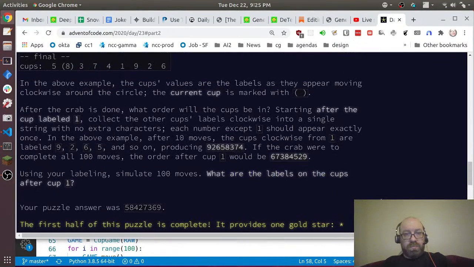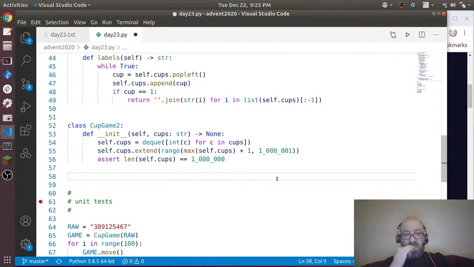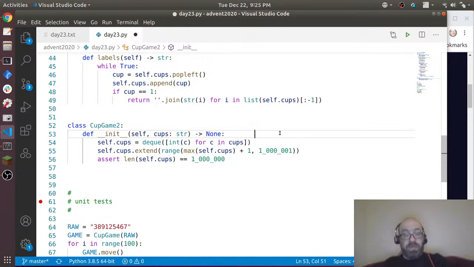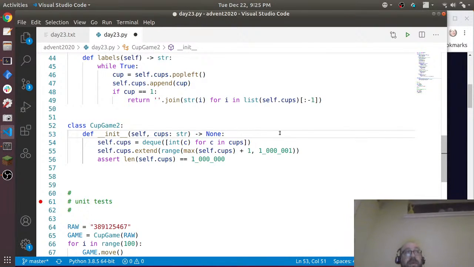And now we need to be real efficient, so we are going to do a linked list, I think, instead of a queue, because with a linked list we can insert and remove real quickly.